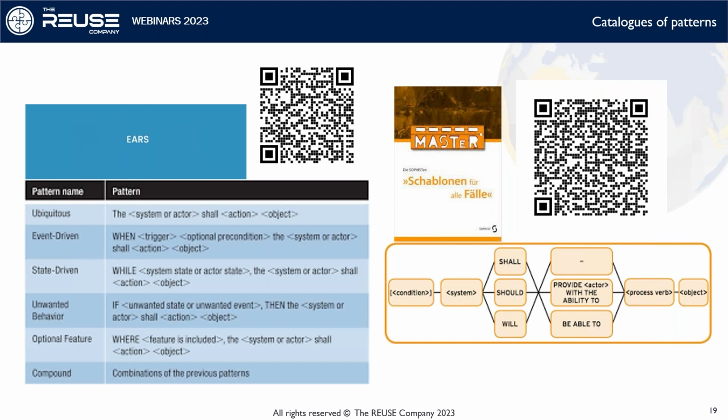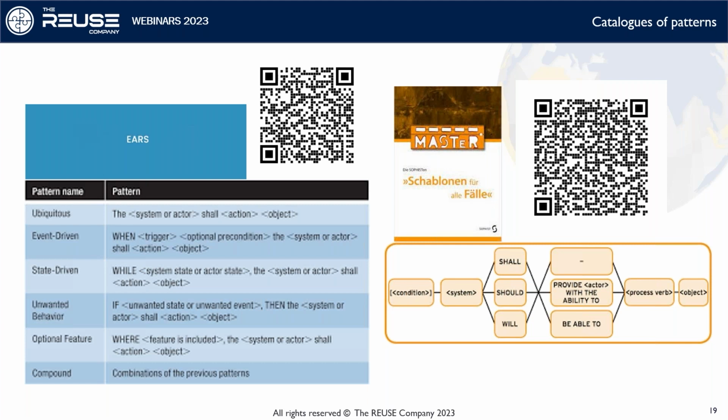EARS stands for Easy Approach to Requirements Syntax, with the typical and mythical ubiquitous, event-driven, state-driven, unwanted behavior, operational, optional feature, and complex or compound patterns. So these are the 6 patterns according to EARS.